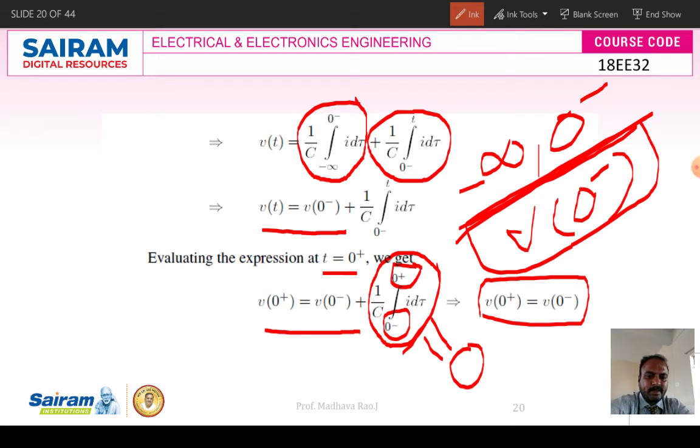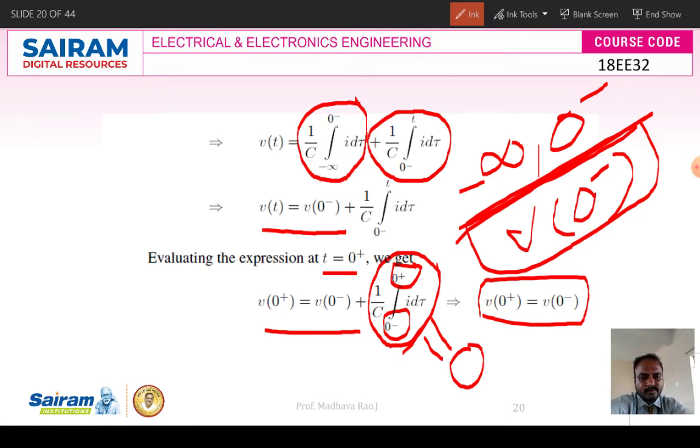This is a very important relation for solving problems based on transient analysis. Whenever you get a circuit and are asked to find the voltage across the capacitor, V of 0 plus equals V of 0 minus equals 0.